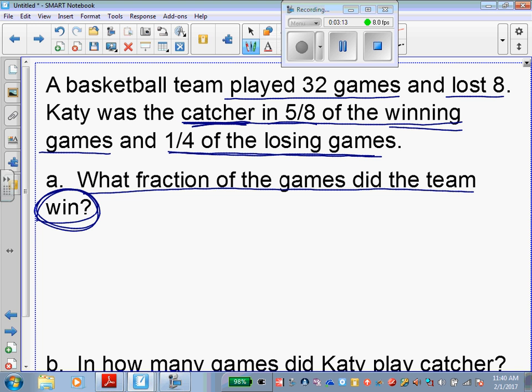Cameron. They lost 8. When you subtract 8 from 32, the rest of it is obviously the wins. Okay, you're correct. But it says what? Fraction. So we want to look at it in terms of fractions. So what can I do then? Randy? Divide.